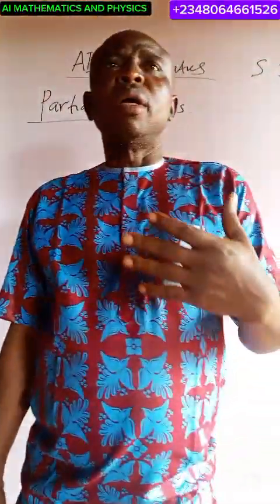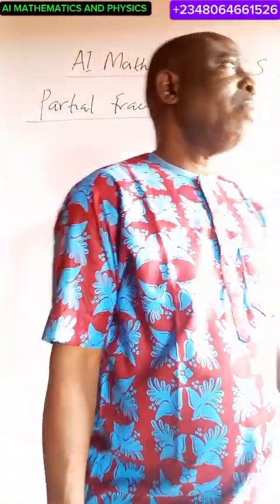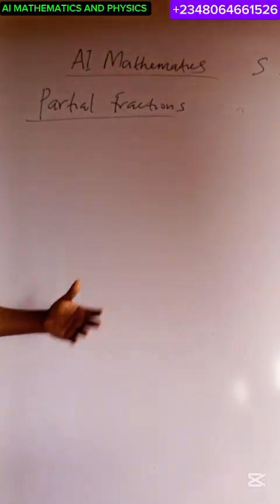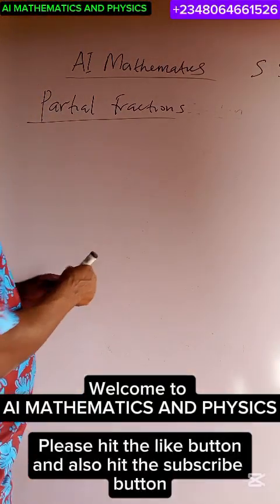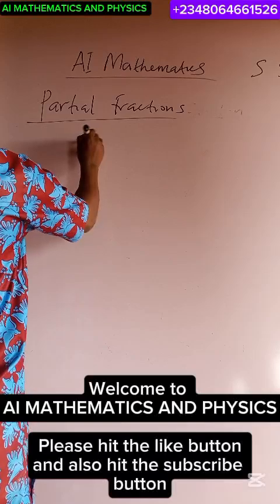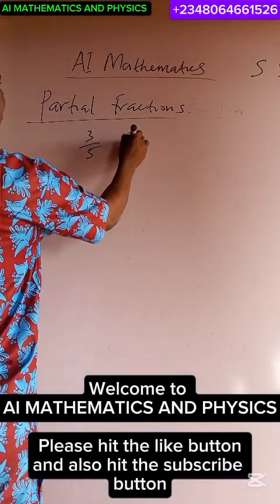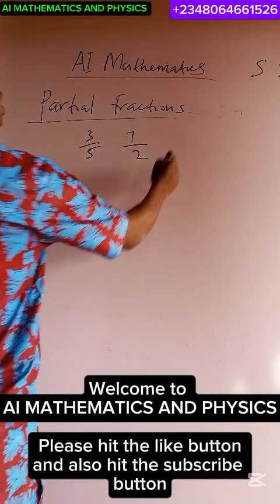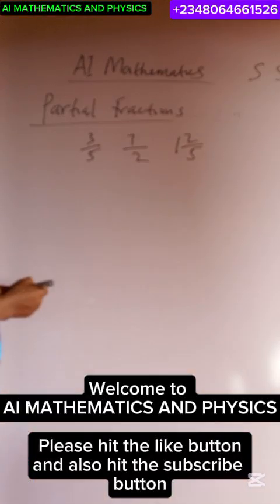I know from primary school, you all know what I mean by fractions. We have a proper fraction, improper fraction, and we have mixed numbers or mixed fractions. When we talk about fraction, you know that something has to divide something. Let's say you have 3 over 5, it's a fraction. 7 over 2 is a fraction, and this is an example of a mixed fraction or mixed number.